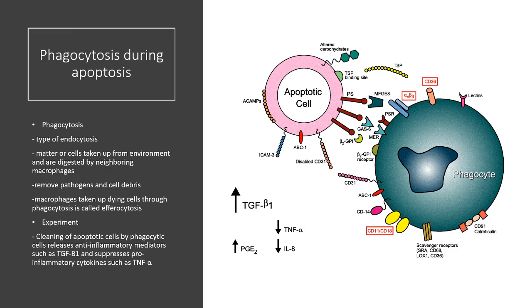After the absorption of the apoptotic cells by phagocytosis, they noticed an increase in production of mediators such as TGF-B1 and PGE2, and the increase of these two mediators was associated with a decrease in production of the pro-inflammatory mediators such as TNF-alpha and IL-8.